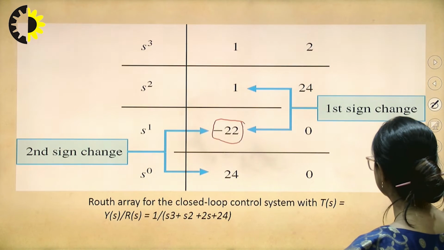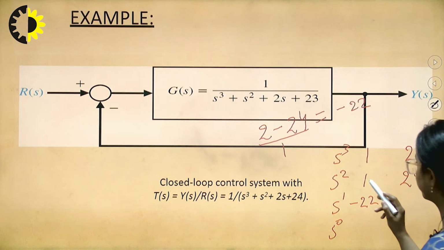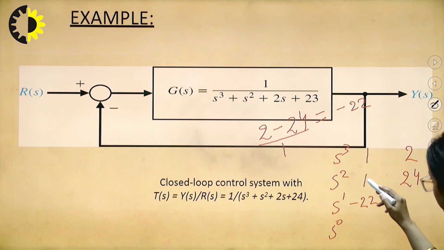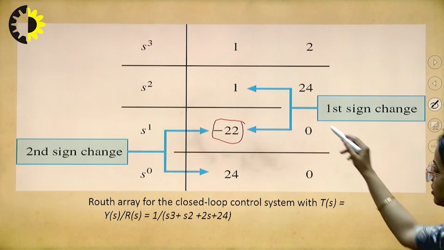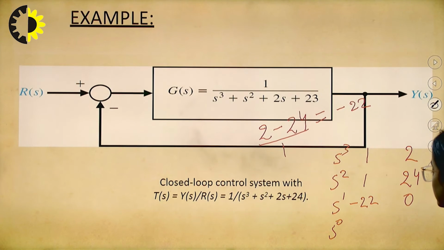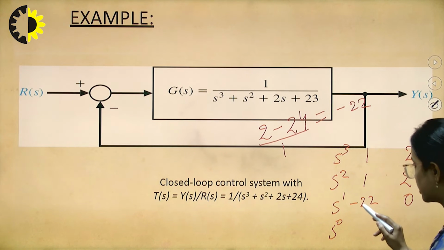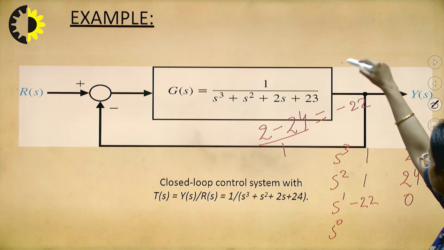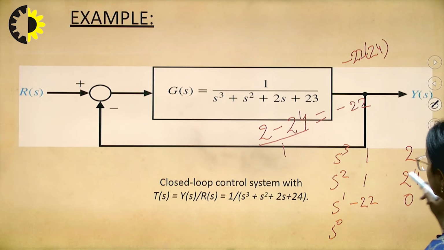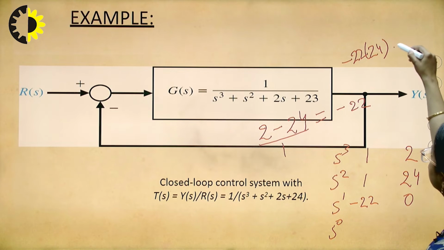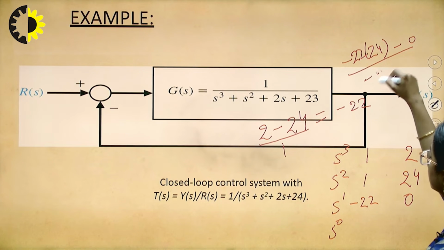Next has to be 1 into 0, 1 into 0 divided by 1. So again it has to be 0 here. That is 0. Next is minus 22 into 24, this term, minus 1 into 0, that is 0, divided by minus 22.